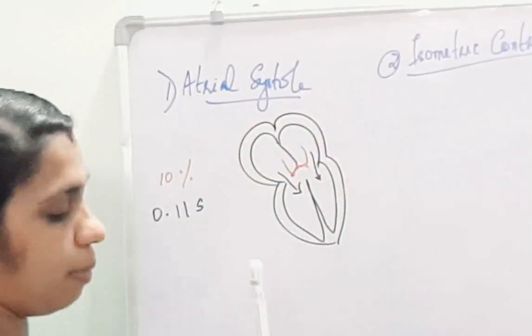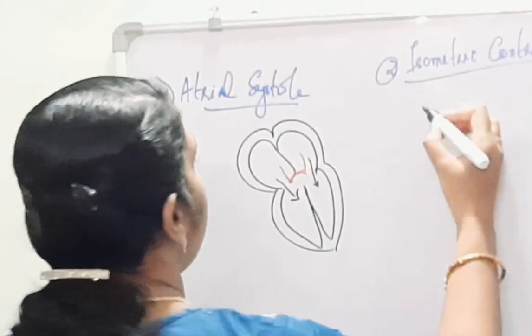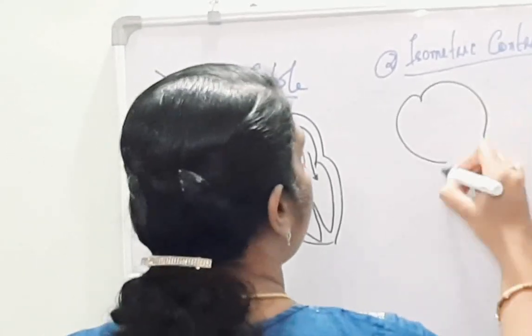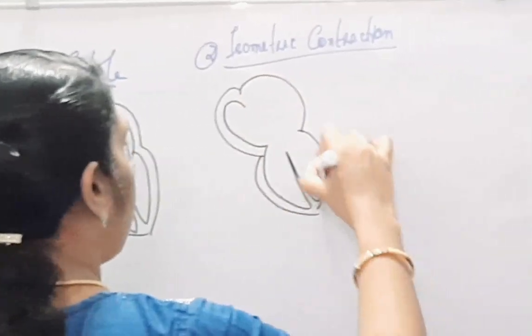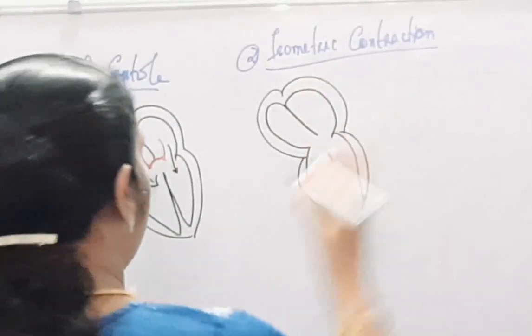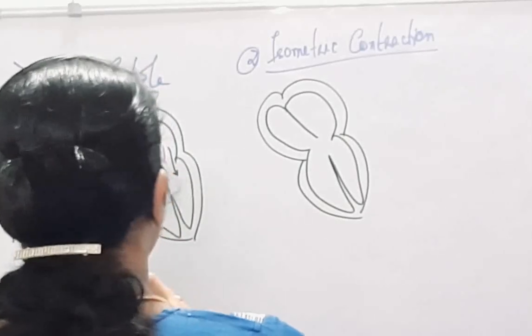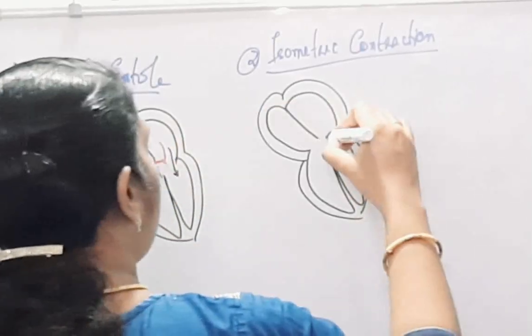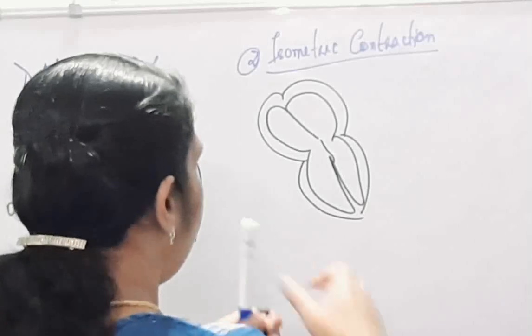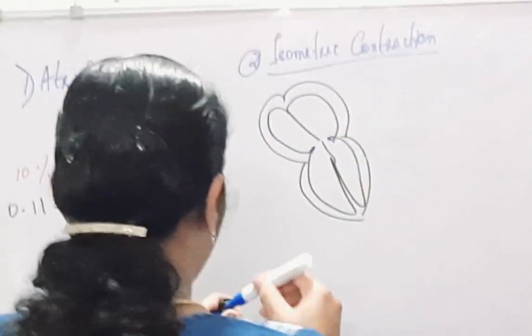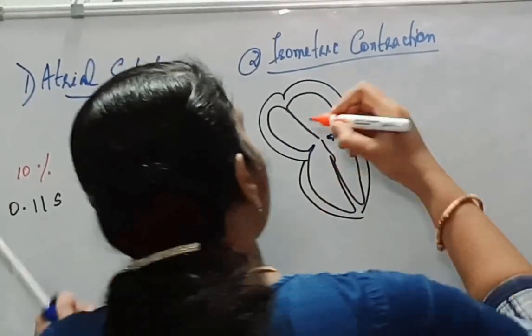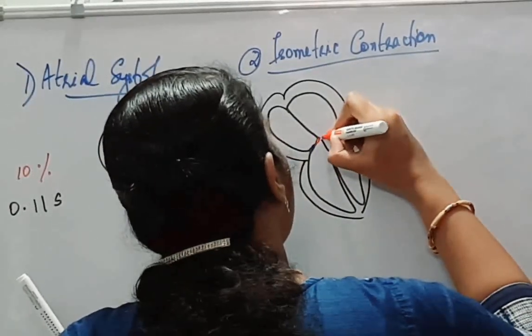In the isometric contraction phase, this is the heart, this is the atrioventricular valve and this is the semilunar valve.